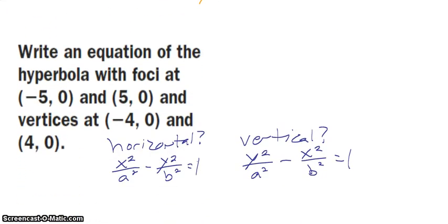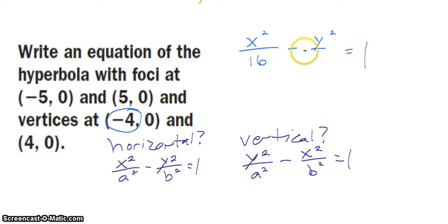And if I was going to be writing an equation, so here I have foci at negative 5 and 5, vertices at negative 4 and 4. So I know that this one is horizontal based on the fact that my vertices are x values. So I know I've got x squared first. I know I have to equal 1. If I square the distance to my vertex, I get 16.